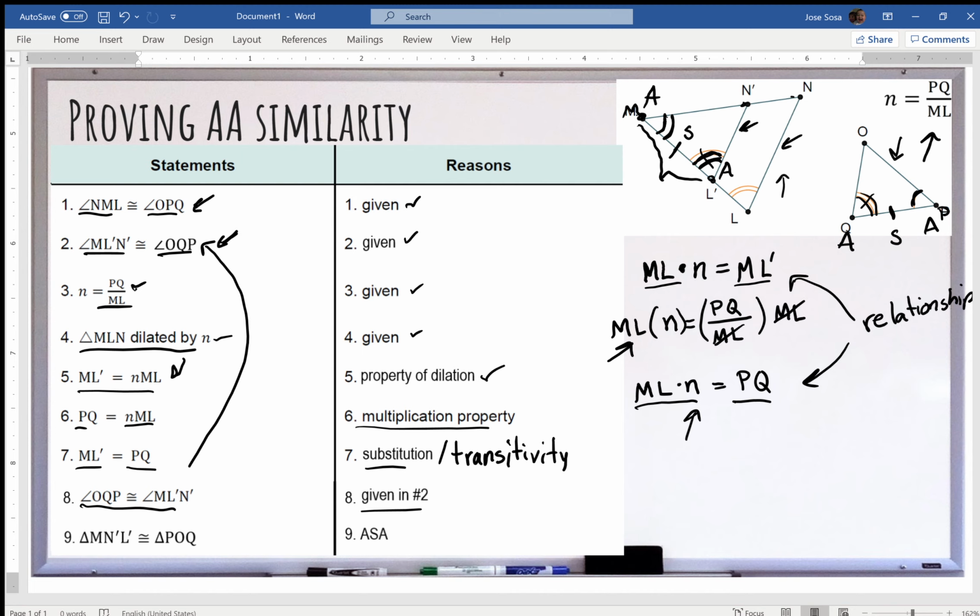So now we have angle side angle. We're able to conclude the triangle M N prime L prime, the little triangle over here, is congruent to triangle POQ, this triangle over there. And again, because this triangle is similar to our original big triangle, then this also must be similar. This guy over here also must be similar. And that's what the proof wanted us to get.